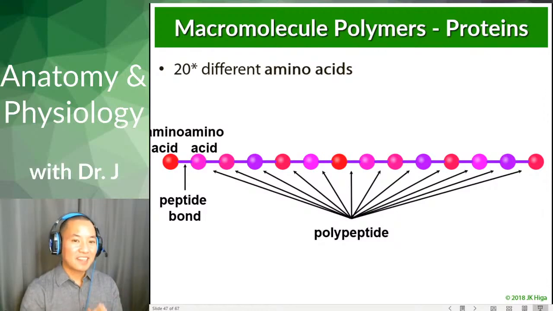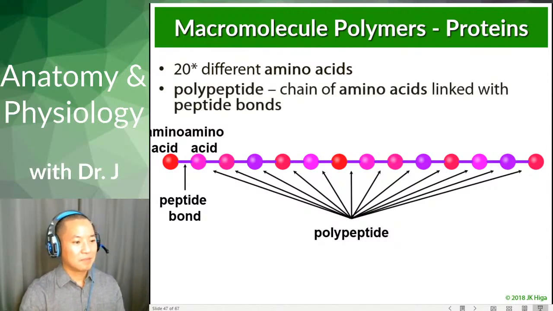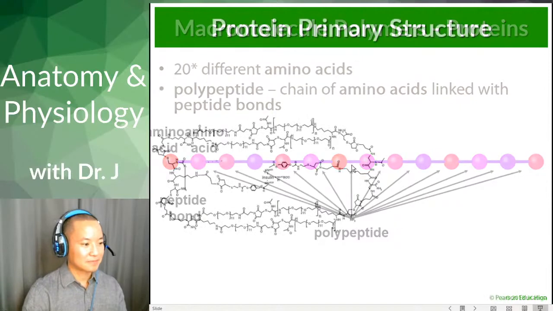Peptide is not the same as amino acids. They're related, but the peptide part refers to the bond, while the amino acid is the individual building block being linked by peptide bonds. So again, a polypeptide is a chain of amino acids linked with peptide bonds.